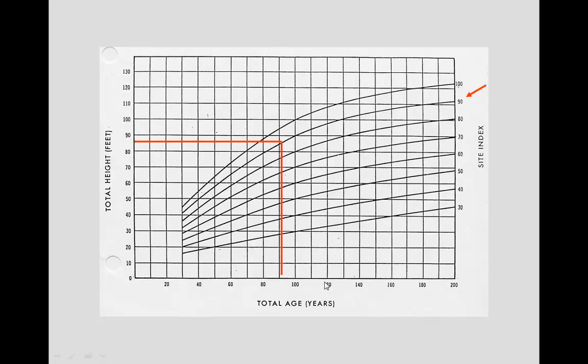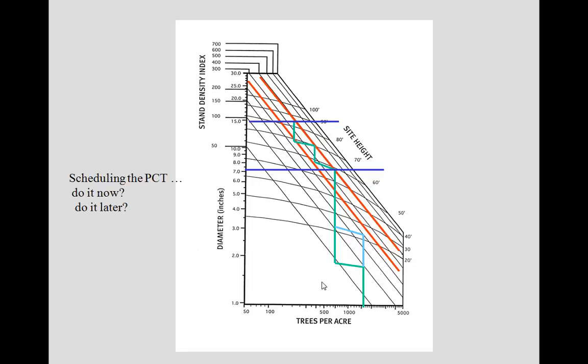So it looks like we're just over 90 years, maybe 92 years at the end of the rotation. So scheduling the PCT, doing it now, doing it later, we can quickly look at those alternatives with the diagram.